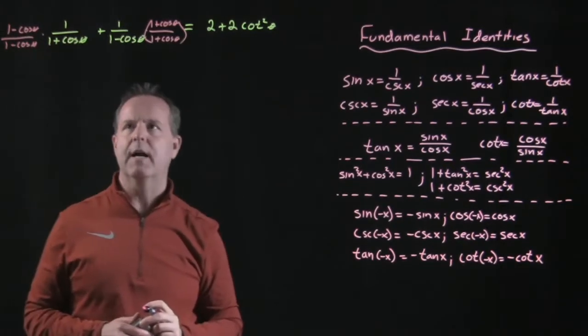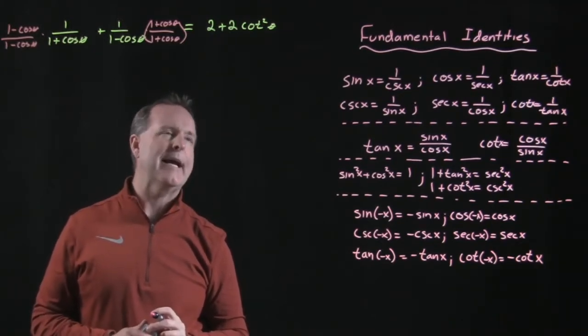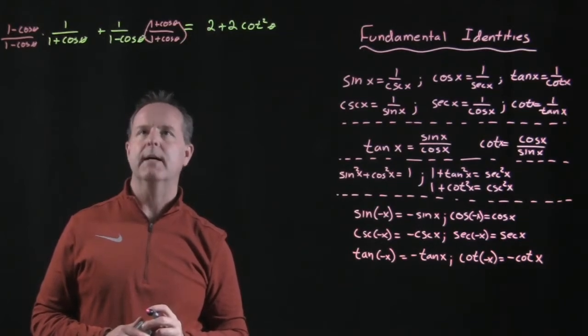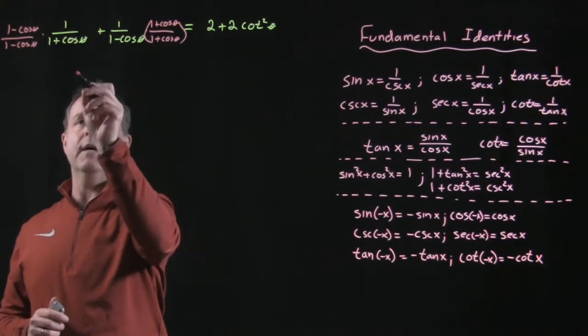I'm going to have to use my entire board on this one too, so I apologize if it's going to get tight here. Then that will become common denominators all the way across.